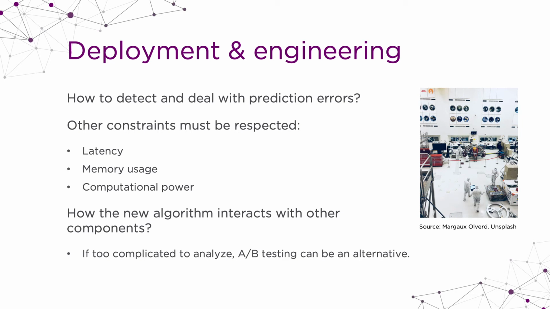The other point is that maybe in engineering you will have other constraints that must be respected, like the latency, the time between when I do a request and I receive the answer, the memory usage of the model, or the computational power that it uses. And these concerns are super important, but they should not be taken into account at the first iteration of the work of the data scientist.